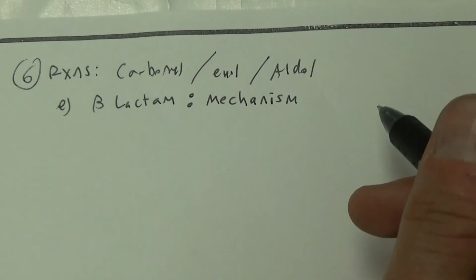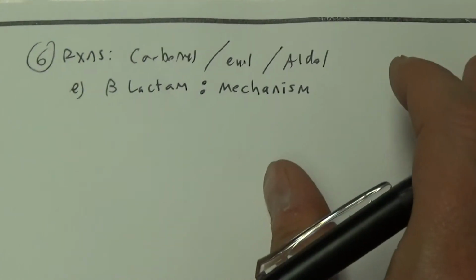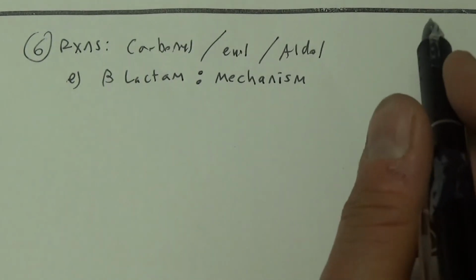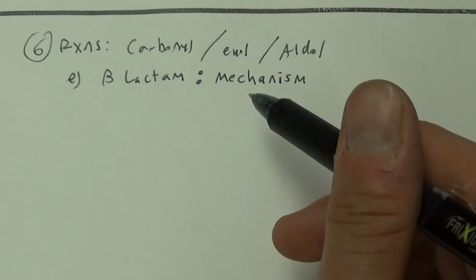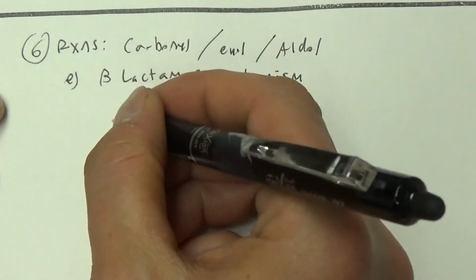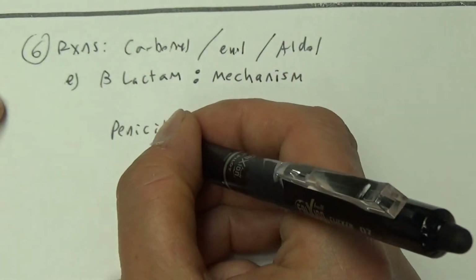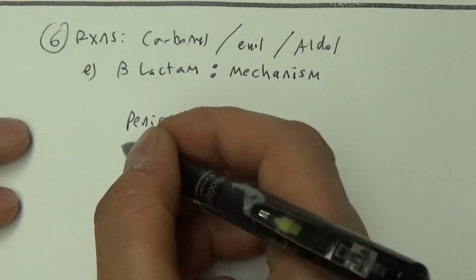They actually kill bacteria. You have a really cool mechanism of action. I have a cartoon figure also, but let's start with just a hand-drawn little figure. Alright, so we have penicillins and cephalosporins.